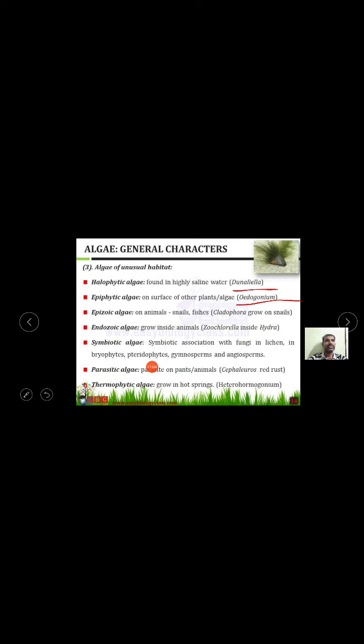Lichens are a symbiotic association with fungi, which is very important and was discovered by the scientist Theophrastus. Symbiotic algae occur in bryophytes, pteridophytes, gymnosperms and also angiosperms. Now, parasitic algae parasitize plants and animals, such as Cephaleuros. And thermal algae are those that grow in hot springs.